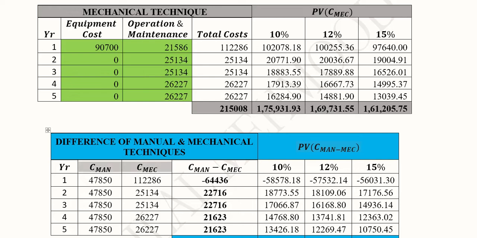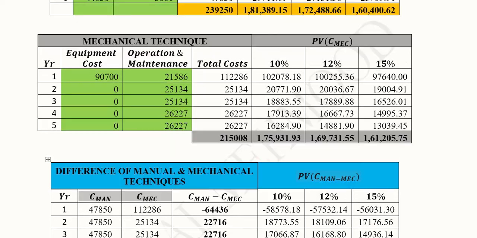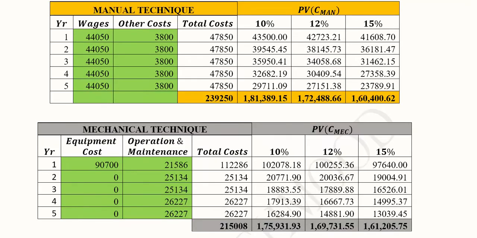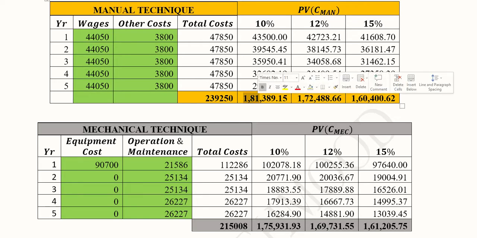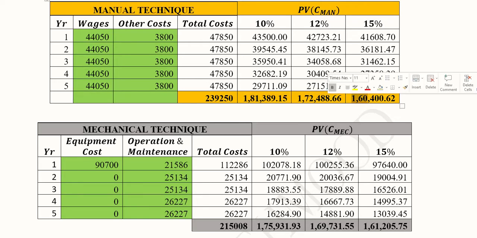And the reason of taking the difference of the two streams is that we have observed that the values have a tendency to cut each other, because if you see that 10%, 12% and 15%, we have started the value from 181 and it is ending at 160.